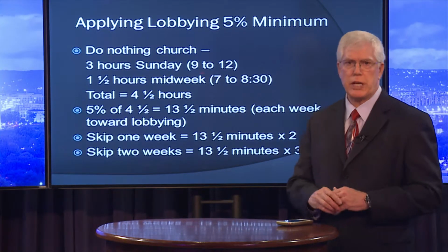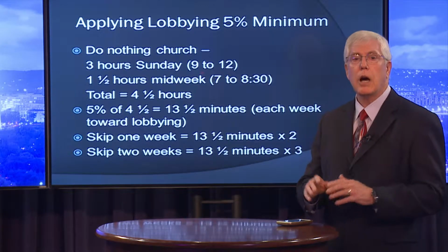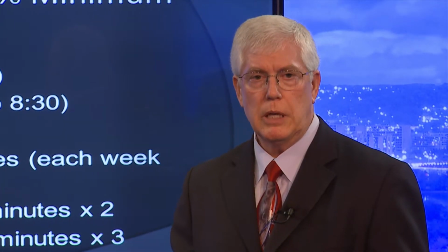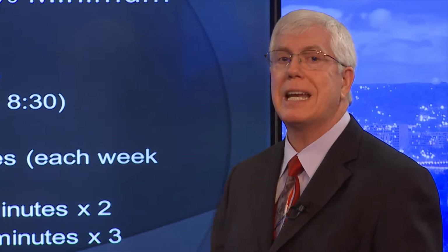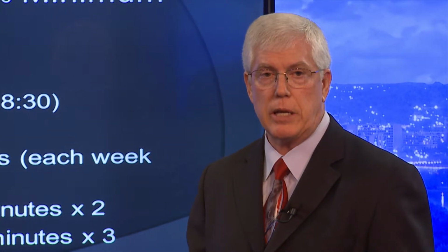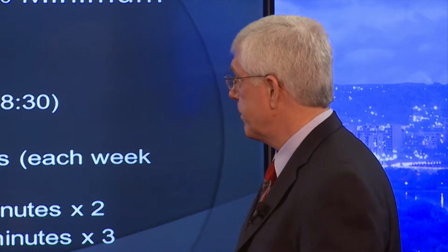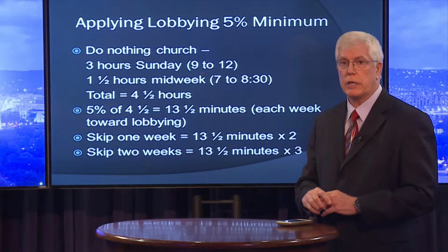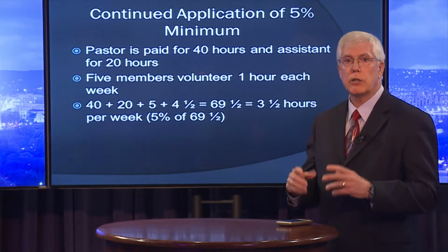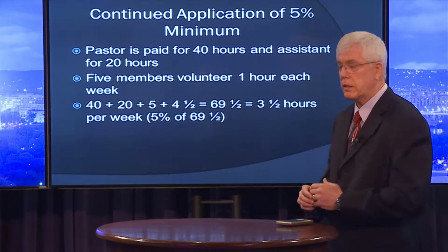Now, 5%, using the very bare minimum of this 5 to 15% rule, of 4.5 hours means that this do-nothing church could spend 13.5 minutes every single Sunday on lobbying issues. Now, if they skipped 1 week, it's 13.5 minutes times 2, and if they skipped another week, it's 13.5 minutes times 3. Now, let's go to the next slide, and let's look at a church that has a little more activity.